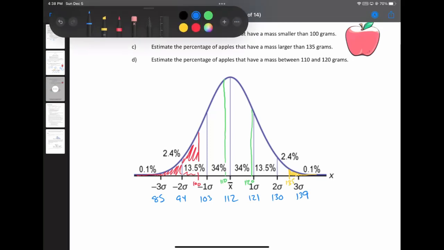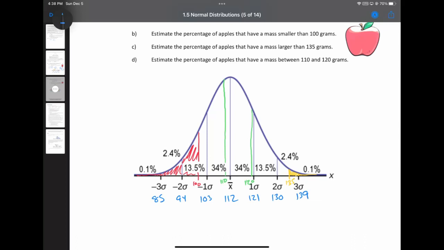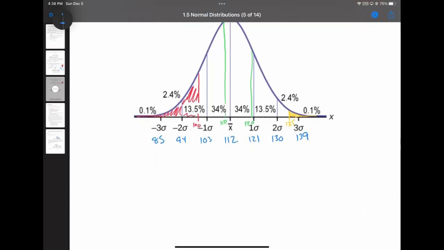Okay, so now we're going to go back and see if we can actually do those. The ones under 100 are going to be the 0.1% plus the 2.4% plus some part of 13.5. It's like 2/3 of the width, but they're the short 2/3.